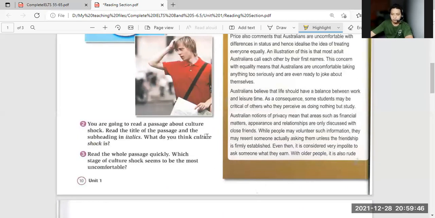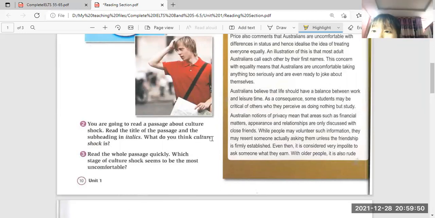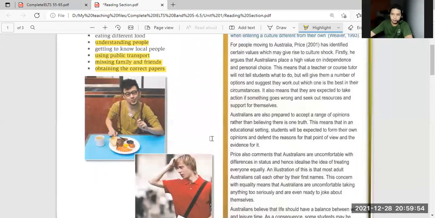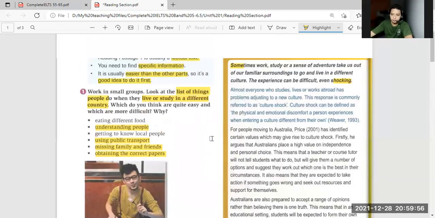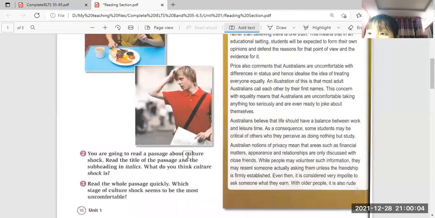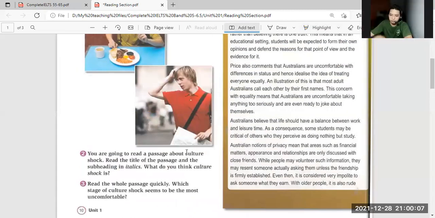Do you know the meaning of culture? No. Okay, culture is like the rules. Do you know rules? Yes. Okay, it's like the rules.